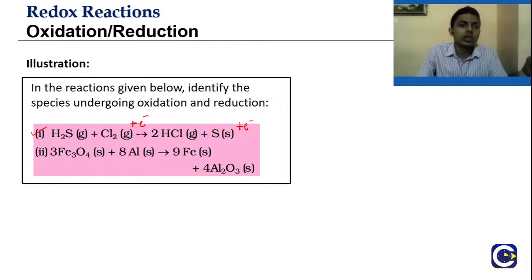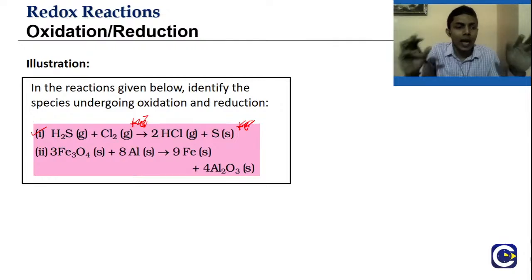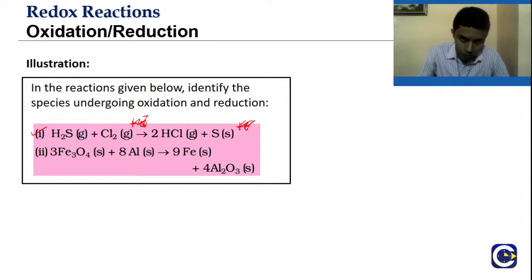So it has to be a redox reaction if electrons are not present in reactant or product. I'll give you examples for that a little later. Till then, understand that this is an oxidation reduction or redox reaction, and try to find out which one is undergoing oxidation, which one is undergoing reduction.